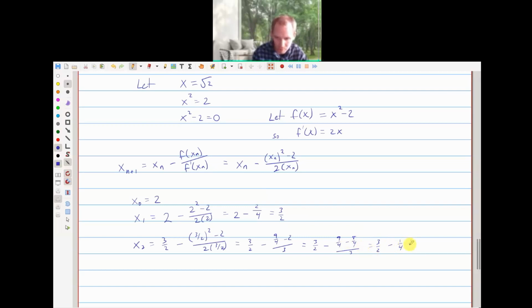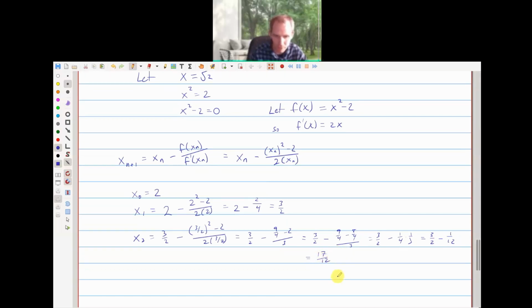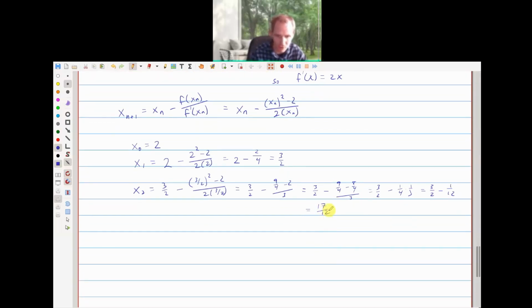Divided by 3 is like times 1/3. So I have 3/2 minus 1/12, which, if I get a common denominator, multiply by 6, is 18/12 minus 1/12, which is 17/12. Okay, so that's my next guess, x2. Beyond that, I'm going to have to cheat and use my calculator.